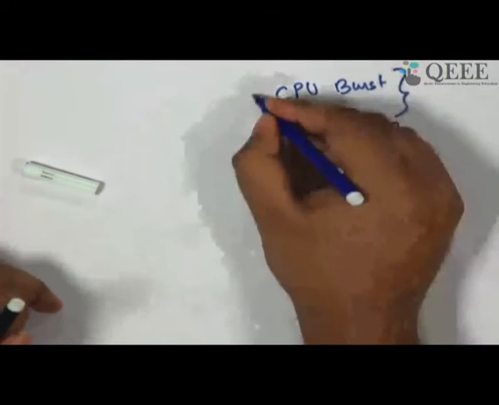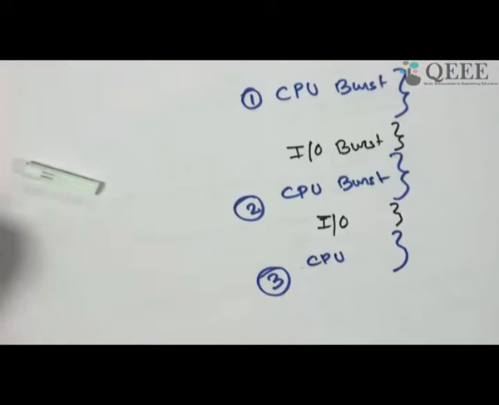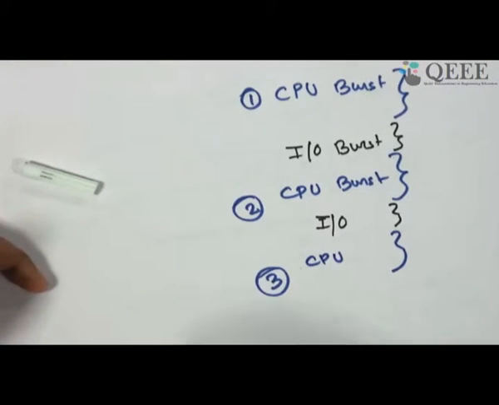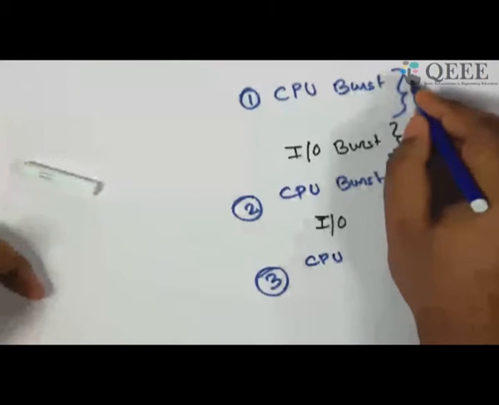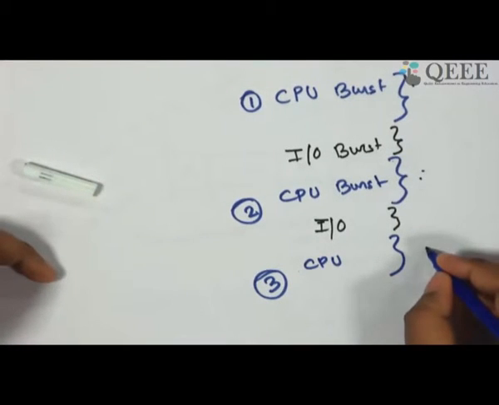So this is the first CPU burst, this is the second CPU burst, and this is the third CPU burst. The idea here is that if we know the previous CPU burst, then from it we can estimate the next CPU burst in an approximated way.